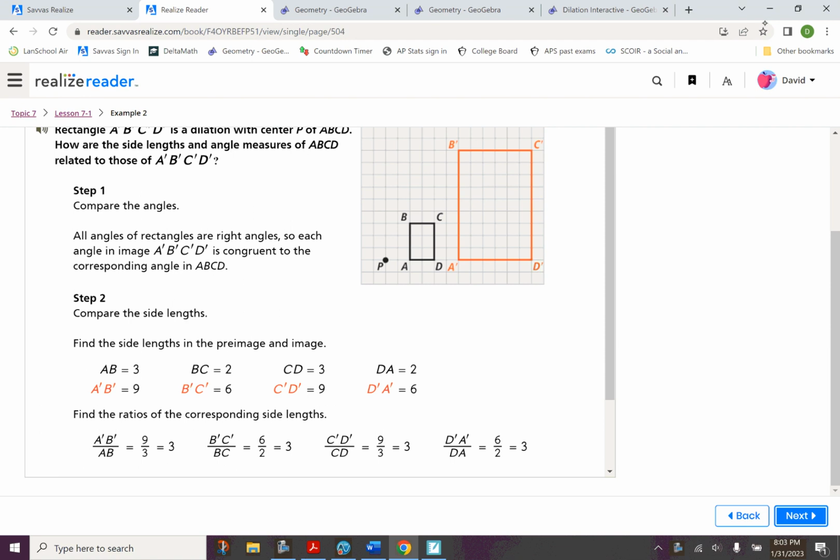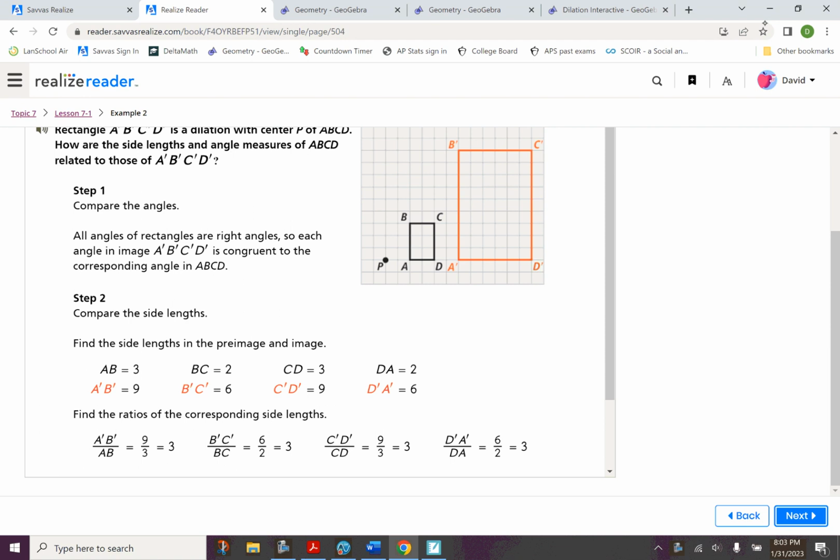The new one goes in the numerator, the original goes in the denominator. Because from the black one to the orange one, clearly this was an enlargement. Our scale factor has to be greater than 1. If you write the ratio upside down, you can't tell me from the black figure to the orange figure, this has a scale factor of 1/3 because this is an enlargement.